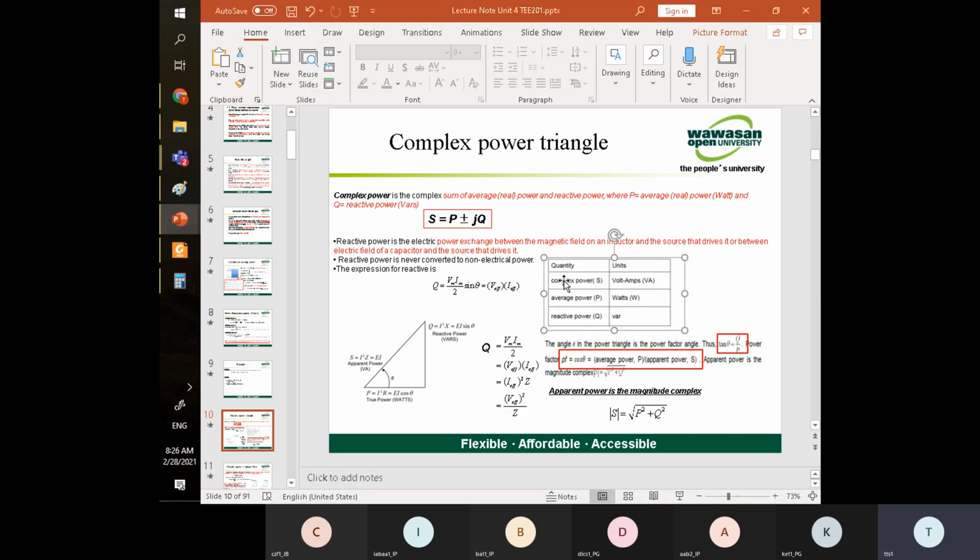They are different names. For the student, you just know that this is the P, the real power, sometimes called true power also. There are quite many names they interchange. Sometimes we call it true power for the kW, kilowatt, and then we have the reactive power on the vertical y-axis here.